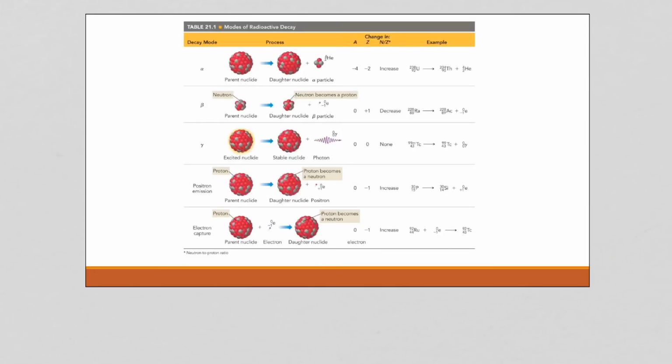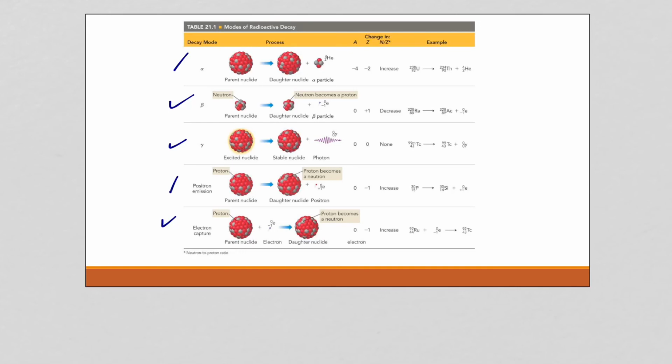Now finally, I'll point your attention to this chart in the book, which is a really good summary of these 5 different modes of radioactive decay: alpha, beta, gamma, positron, and electron capture. And of course, you should be able to characterize and describe these.